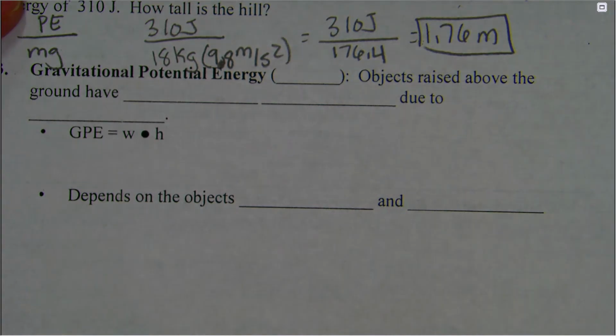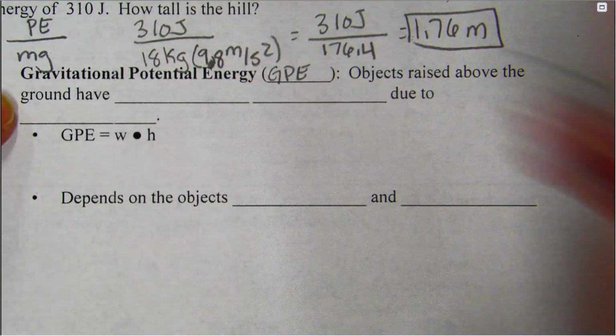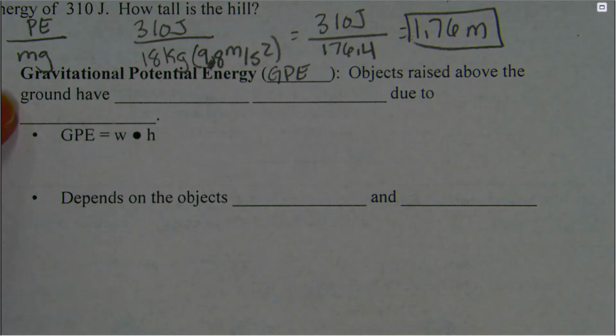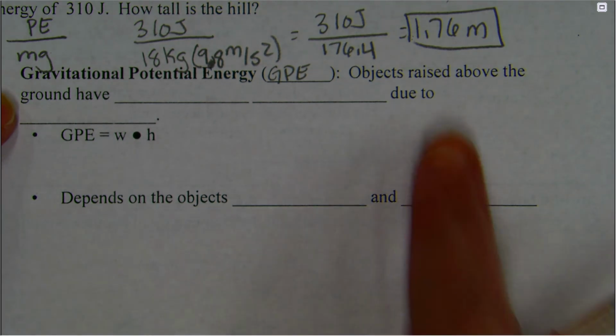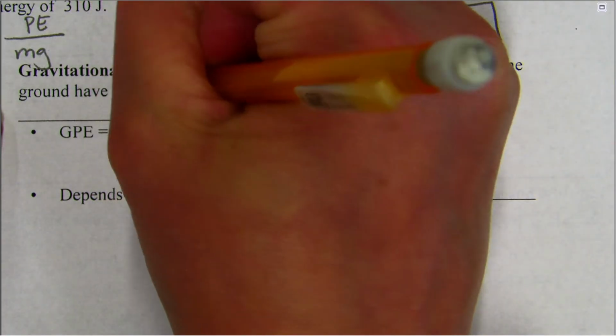Gravitational potential energy, we are going to write that as G for gravitational and then PE for potential energy. Objects raised above the ground have potential energy due to gravity.